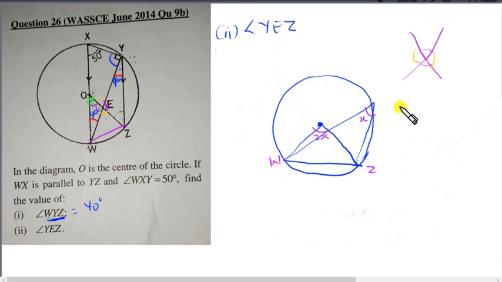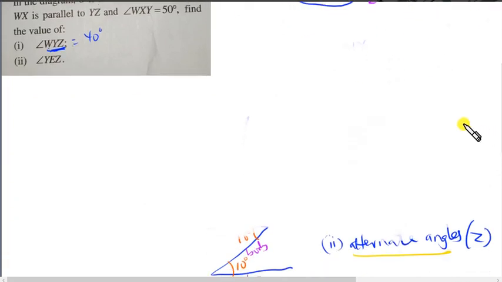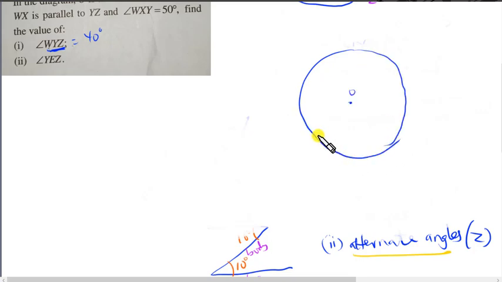Now what do we mean by segment? A segment is an area bounded by a chord and an arc. The moment you draw a chord in a circle, it divides the circle into 2 segments. So if this chord is WZ, it divides the circle into 2 segments.